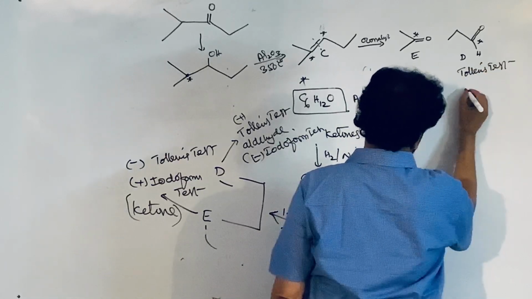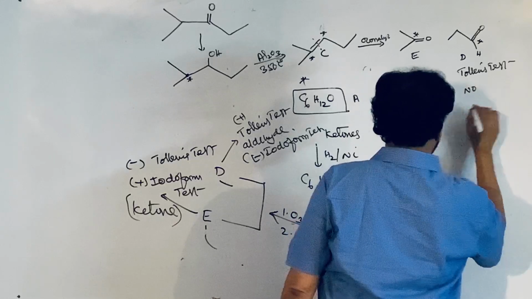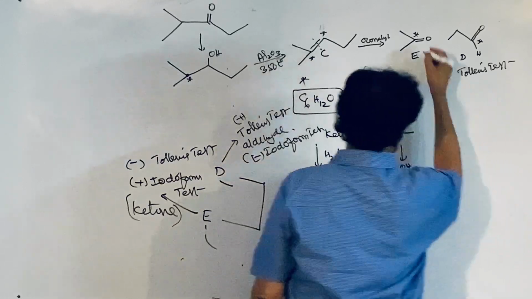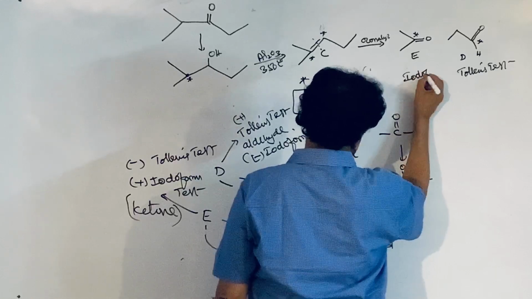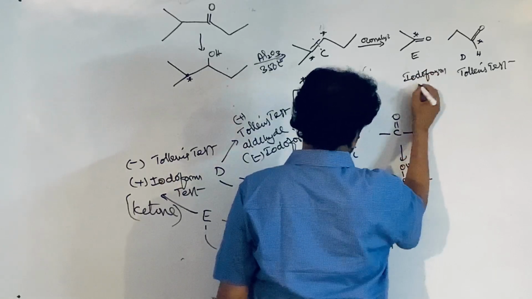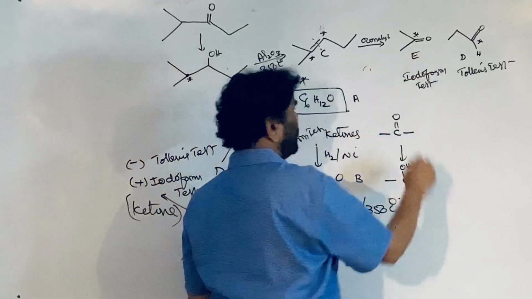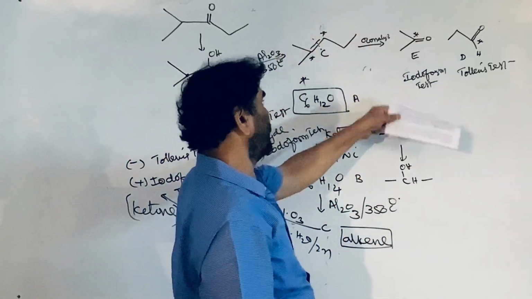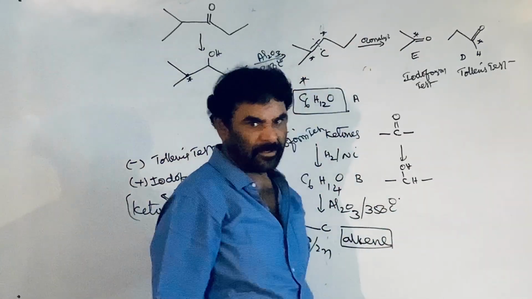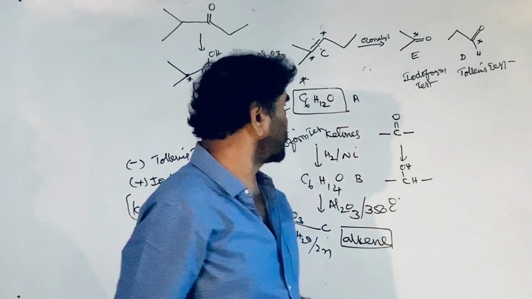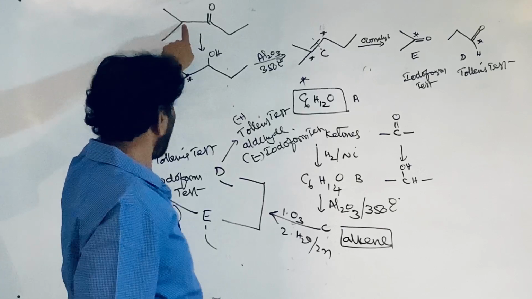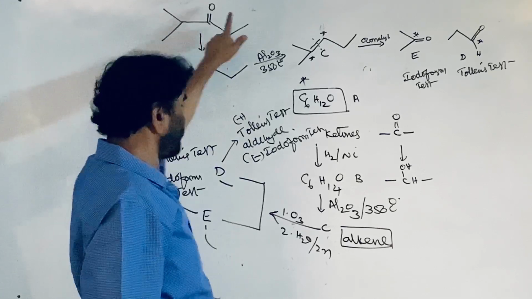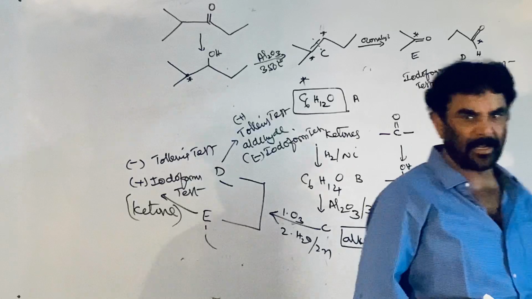Aldehyde, Tollens test, no iodoform test. And this gives the iodoform test, methyl ketone, and no Tollens test, since ketones do not give the Tollens test. Therefore, your original compound is ethyl isopropyl ketone.